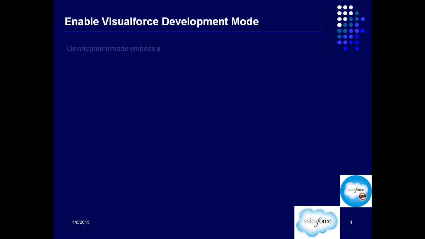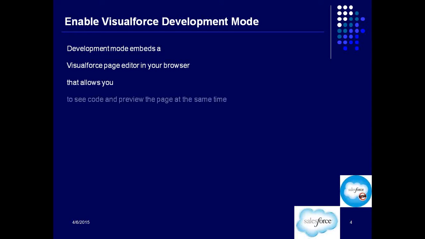So what will this development mode do for you? Development mode embeds a Visualforce page editor in your browser that allows you to see code and preview the page at the same time. So you can view the result as well as type the code, both simultaneously.